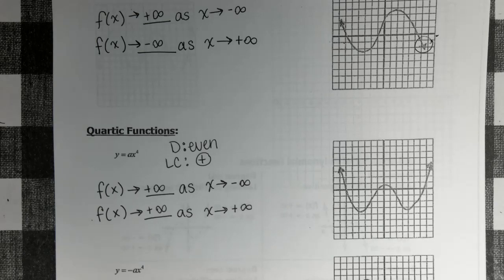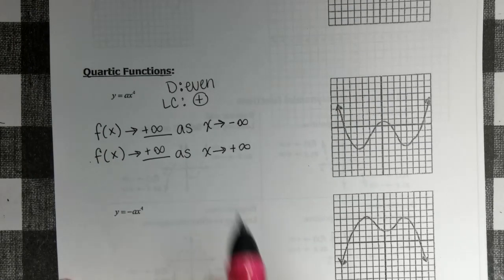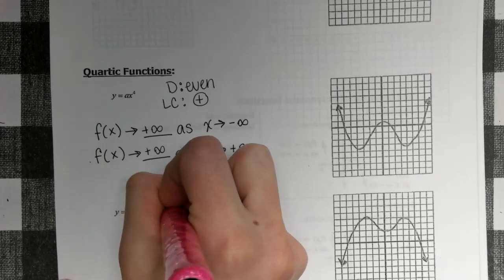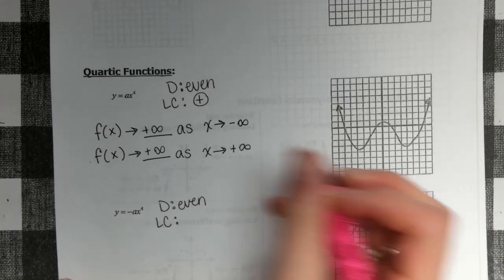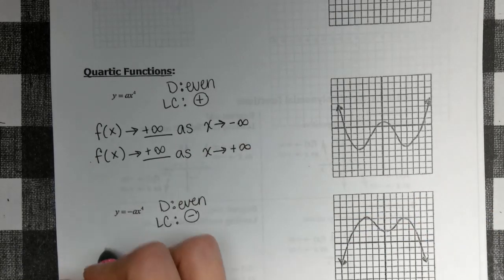Now when I make it negative, where's it going to go? My degree is still even. My leading coefficient is now negative.